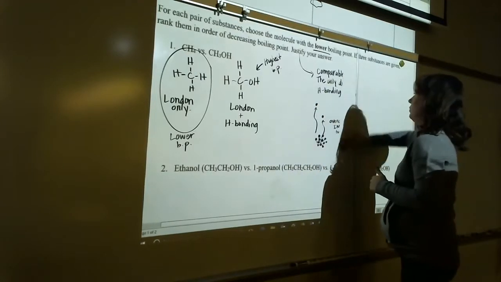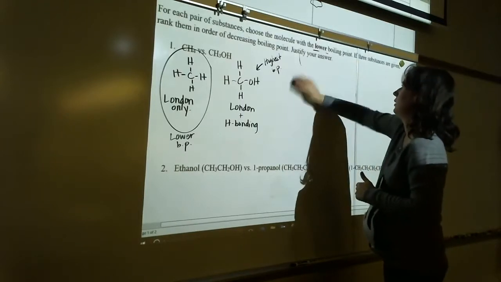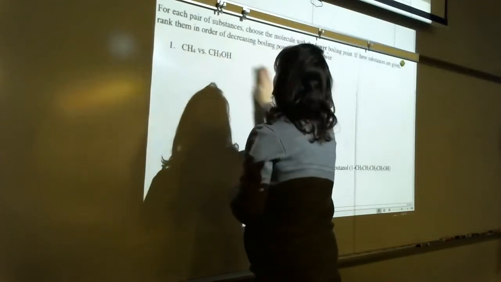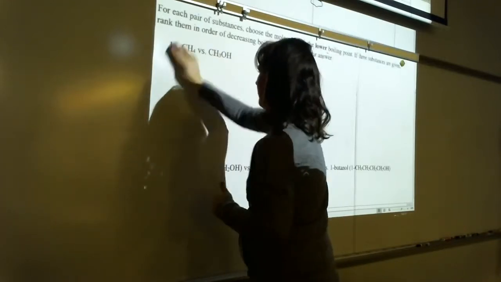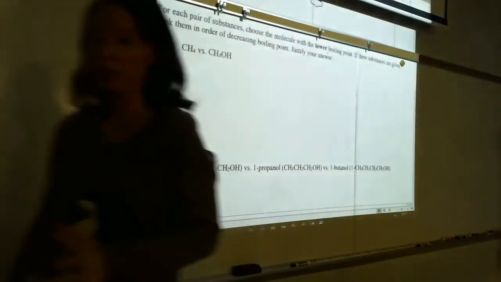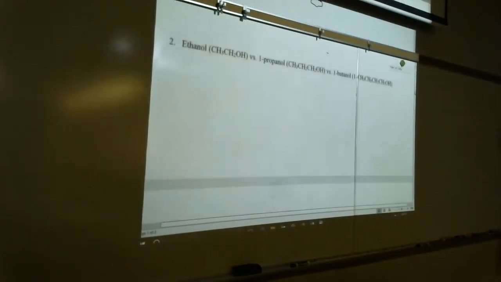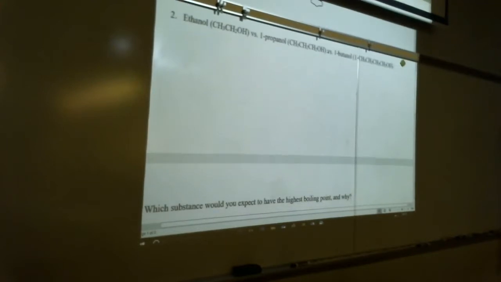All right, let's look at number 2. Number 2 gives us 3 structures, and because there are 3 structures, we need to rank them in order of boiling point, decreasing boiling point specifically.